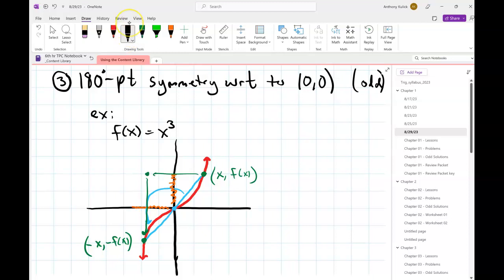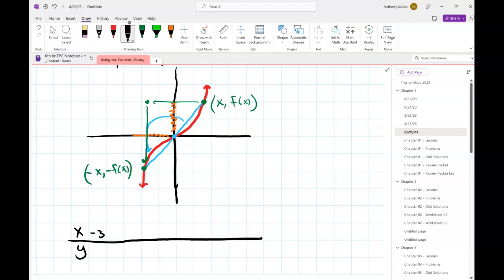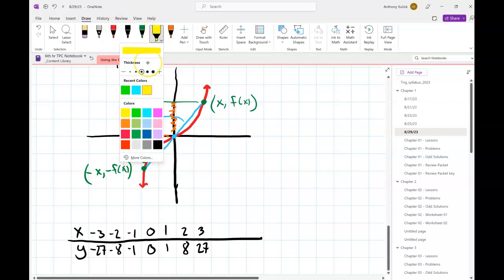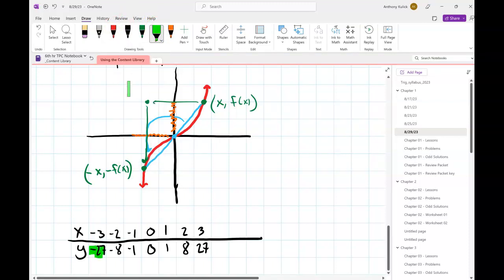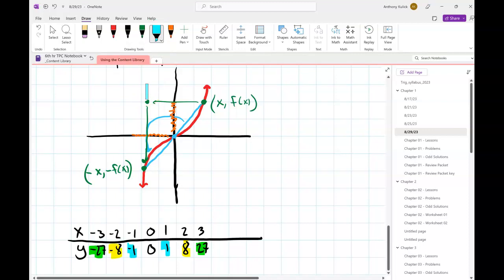All right, let's look at what an XY table for this would look like. So again, what we should notice here is that for each y coordinate, the opposite x gives me the opposite y, right? 1 gives me 1, but -1 gives me -1. 2 gives me 8, but -2 gave me -8. 3 gives me 27, but -3 gives me -27.